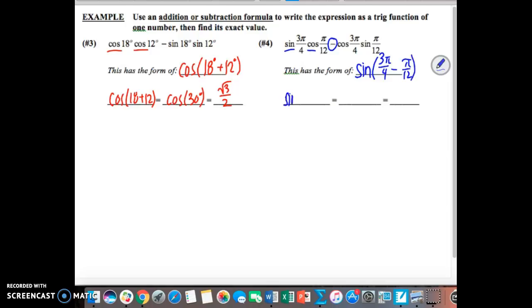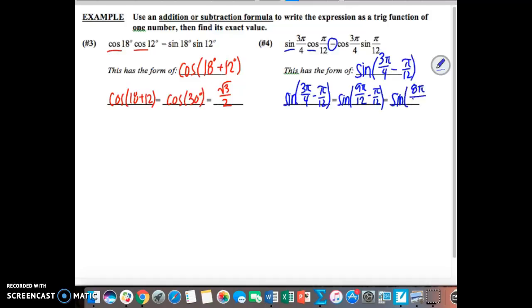Now finding its exact value, we have sine of 3 pi over 4 minus pi over 12. In order to solve for this, we need a common denominator, which will be 12. So this is equal to sine of 9 pi over 12 minus pi over 12. So now we can just subtract straight across. 9 pi minus pi is just equal to 8 pi.